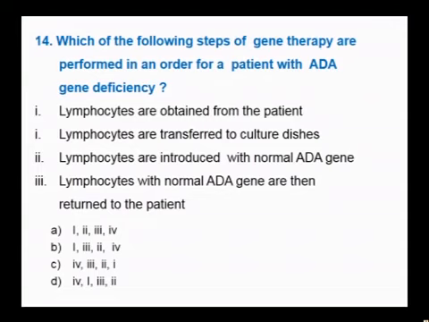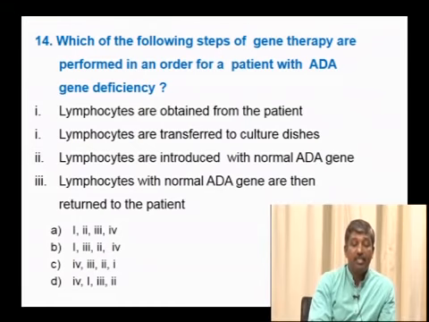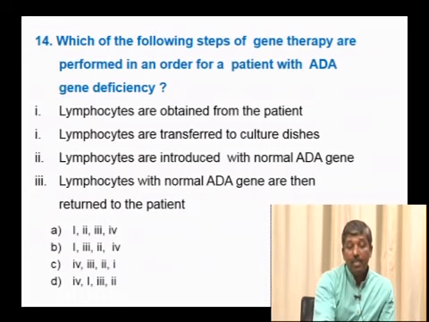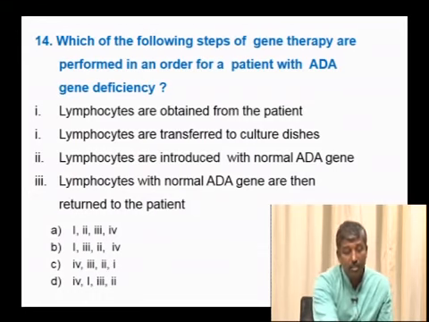Which of the following steps of gene therapy are performed in order for a patient with ADA gene deficiency? Lymphocytes are obtained from the patient. Lymphocytes are introduced with the normal ADA gene. Lymphocytes are transferred to culture dishes. Lymphocytes with the normal ADA gene are then returned to the patient. Actually, there is a mistake.